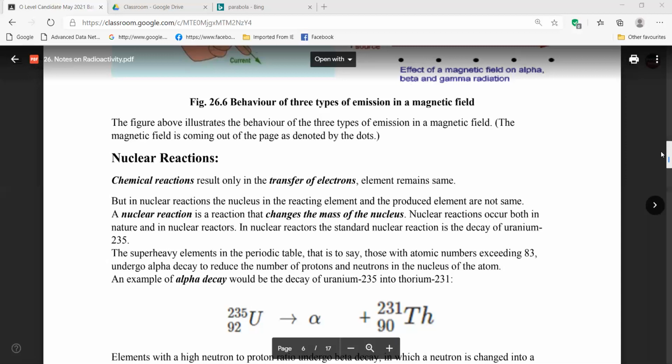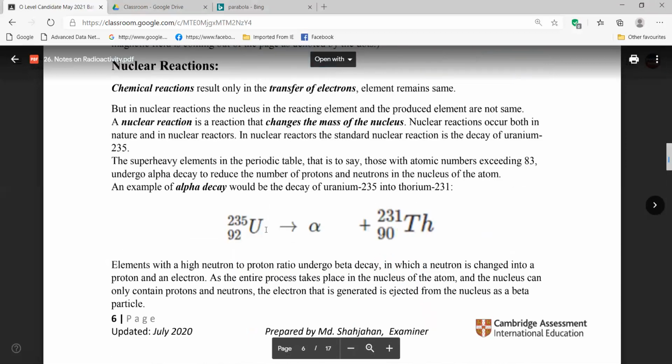Now you please read this part, then you get some more ideas. Chemical reactions result only in the transfer of electrons. Element remains the same. But in nuclear reactions, the nucleus in the reacting element and the produced element are not the same. A nuclear reaction is a reaction that changes the mass of the nucleus. Nuclear reactions occur both in nature and in nuclear reactors. In nuclear reactors, the standard nuclear reaction is the decay of uranium-235.